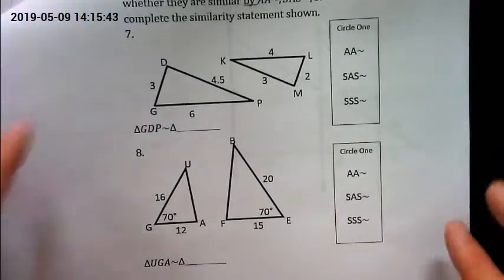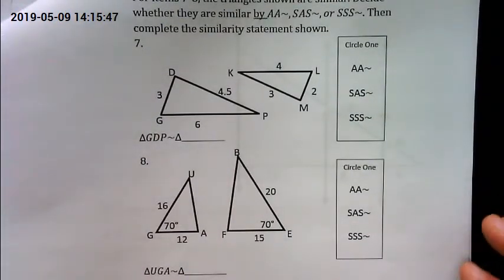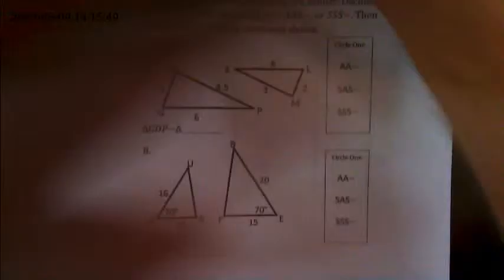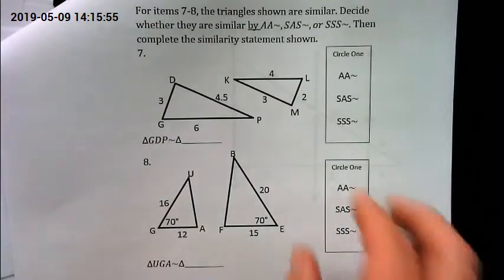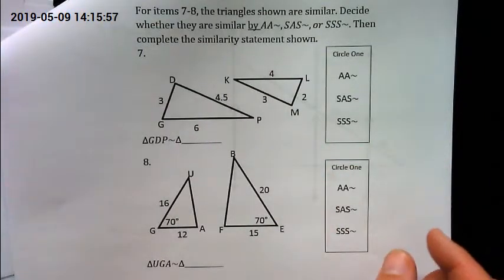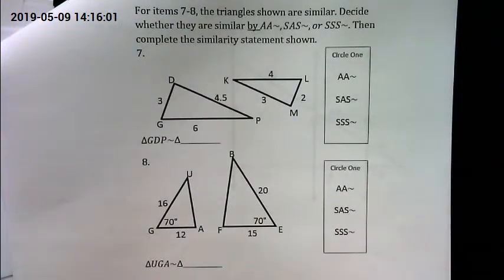Well, we got lots more proportions on here. Let me zoom out just a little bit. So, answering 2 questions there, and in both questions you have 2 parts. You're choosing one of the similarity criteria, and you're writing a similarity statement.